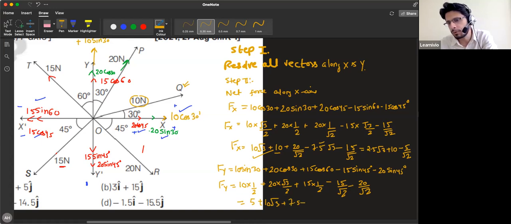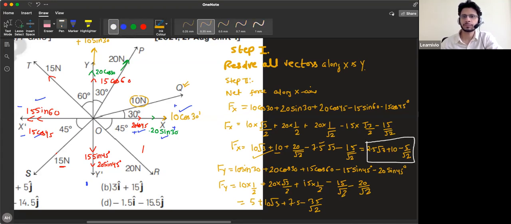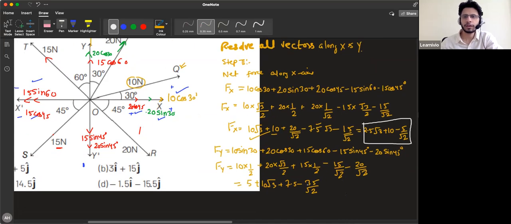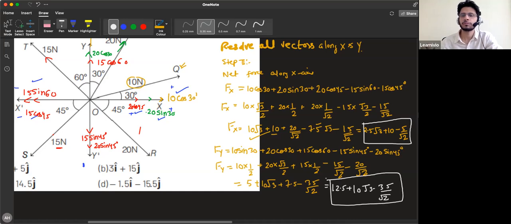Minus 15 by root 2 minus 20 by root 2, minus 35 by root 2. So you calculated Fx as well as Fy. So this is your Fx. And if I simplify it, 5 plus 7.5 is 12.5 plus 10 root 3 minus 35 by root 2. This is Fy.